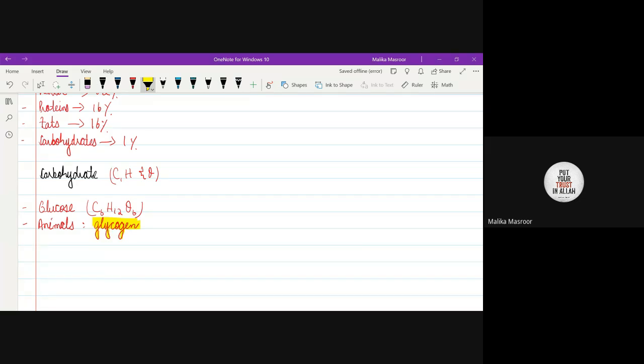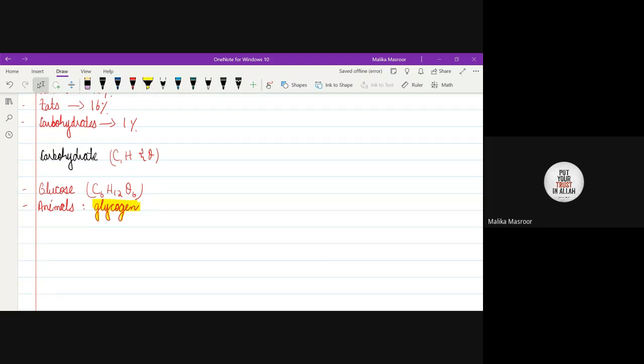Basically they're all storage forms. In animals, even in us, excess glucose is stored in the form of glycogen in your liver. In plants, it is stored in the form of starch. Glycogen is also called animal starch.